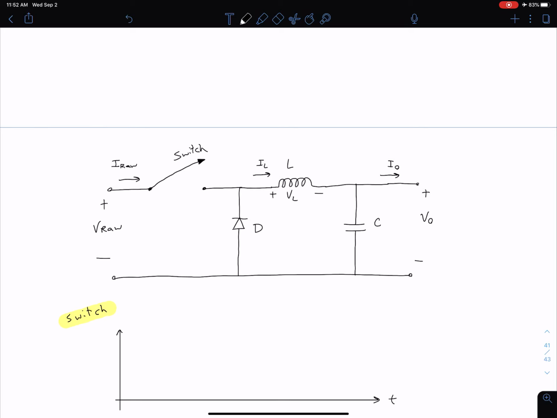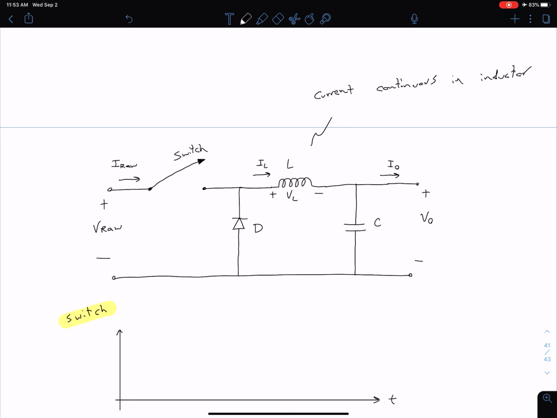The basic process here is that when the switch is closed, we're going to have current flowing through the inductor. Our inductor is going to be charging up. Remember, for an inductor, our current is always continuous. If you forget that, an easy way to remember is to think about our inductor IV equation.